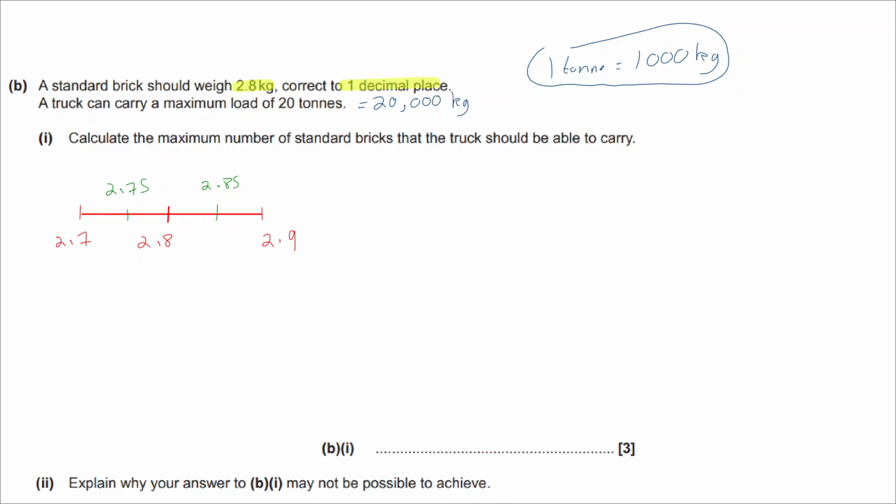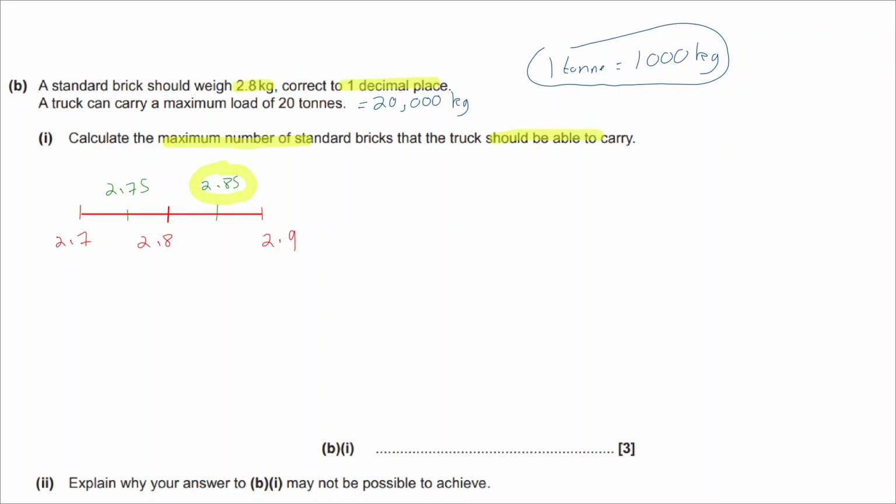Now, calculate the maximum number of bricks that the truck should be able to carry. Okay, now, this is saying, if all of the bricks were the heaviest possible value, so if they were all of the heaviest weight, how many of those could you fit into 20 tons, which is 20,000 kilograms?